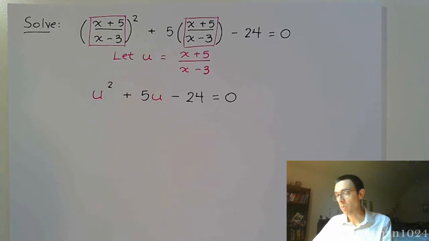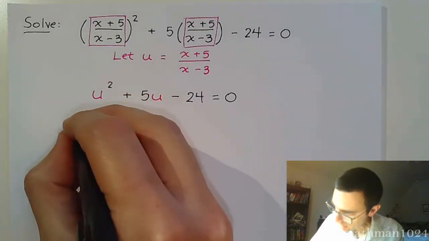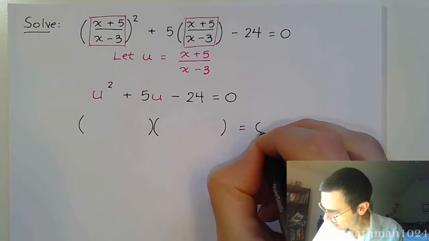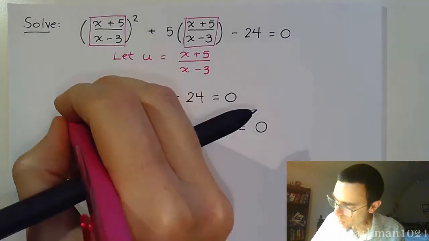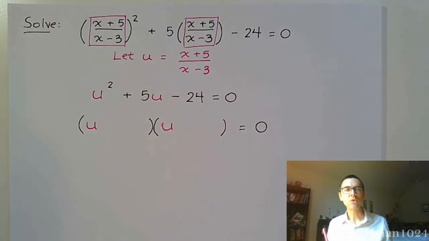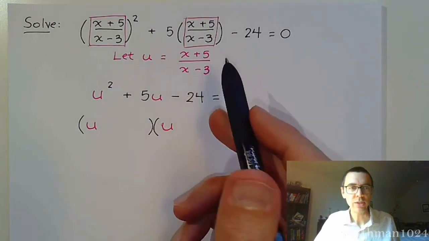Okay? Well, it looks like another problem that can factor. So, let's factor this polynomial. We know that u squared is going to break down as u times u. And I do want you guys to remember that while I'm doing this, I don't even care what u is representing right now. I don't care that u is a big fraction. That's not important.